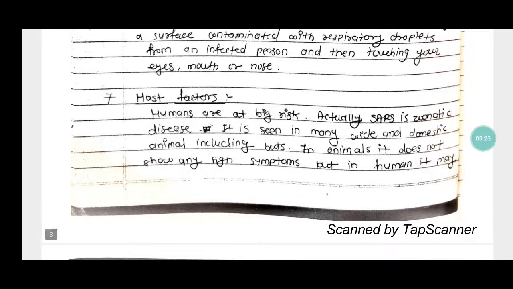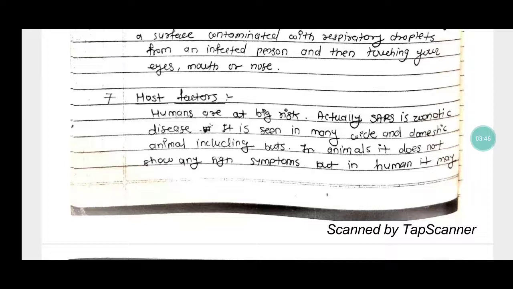So the host factor for SARS: humans are at big risk. Actually, SARS is a zoonotic disease which is seen in wild and domestic animals including bats. Bats are the common wild animals which carry it.